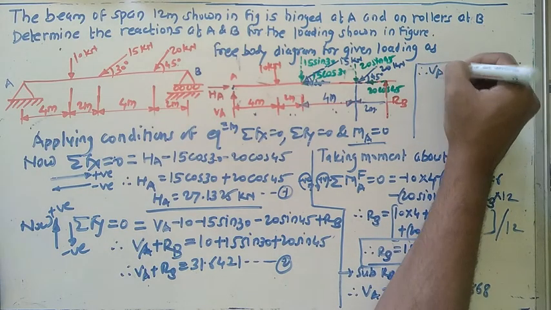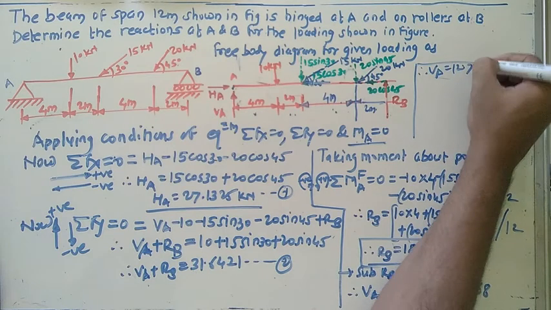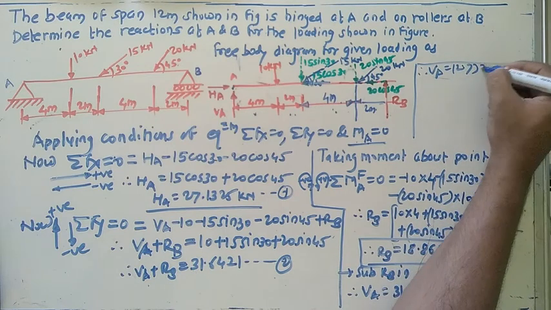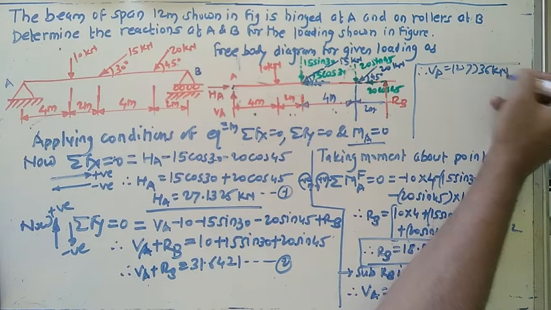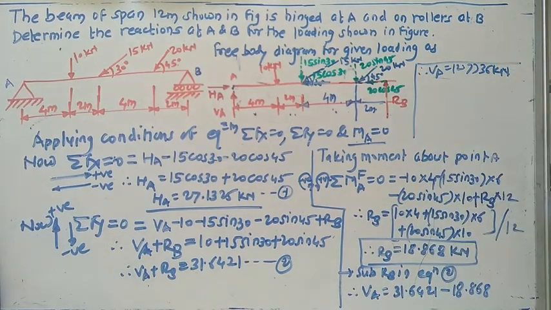Therefore 12.77 is the value for VA. Once we get the value for VA, you can easily get the value for RA.